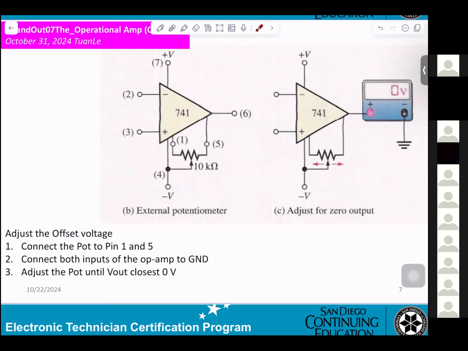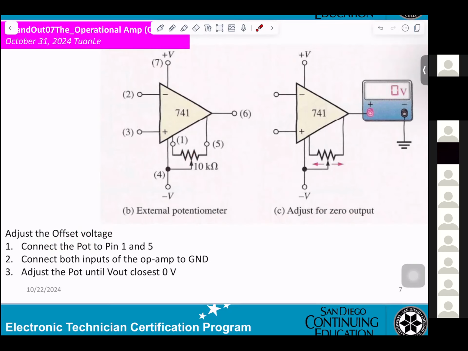That's what they're telling you here: adjust for 0 output. When you're working on the LF411, you have to adjust the offset voltage. Connect this port here to pin 1 and pin 5.